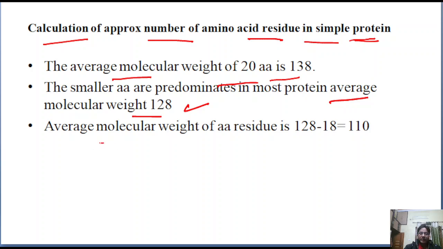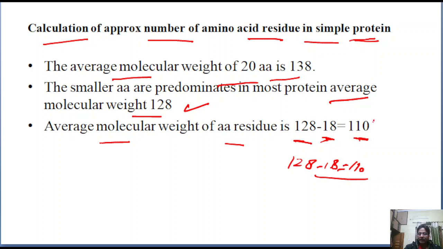And as we have discussed, during peptide bond formation there is a removal of a water molecule, so we can subtract it. 128 minus 18 will be 110.